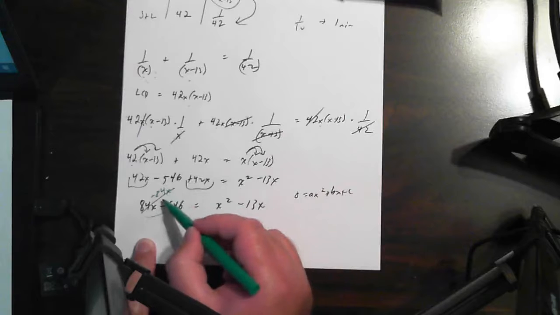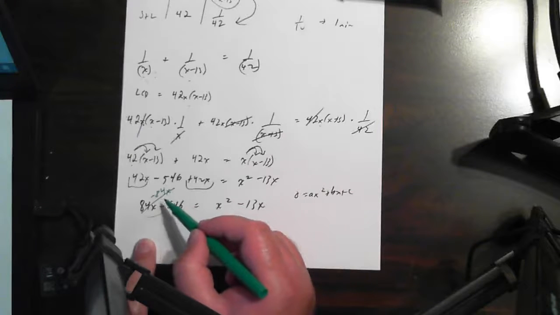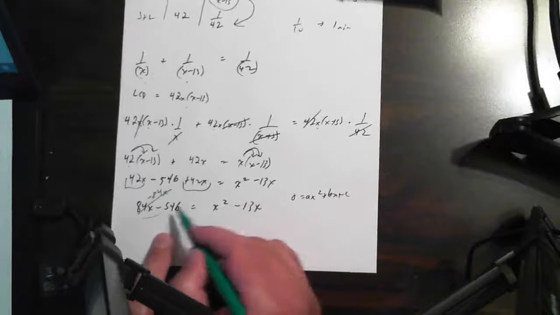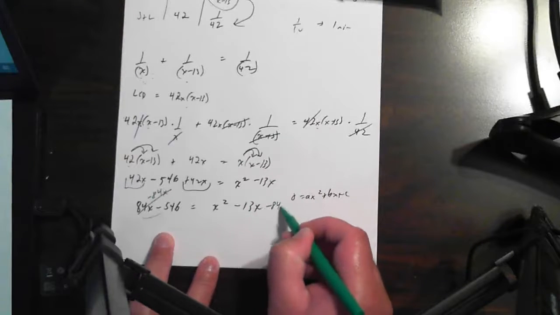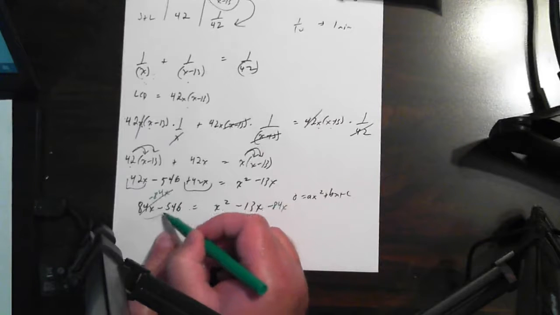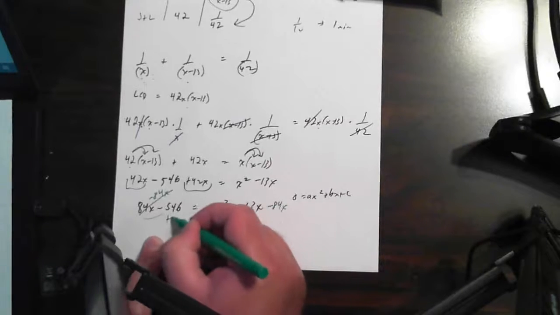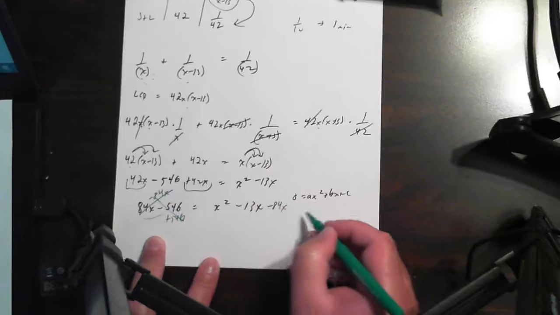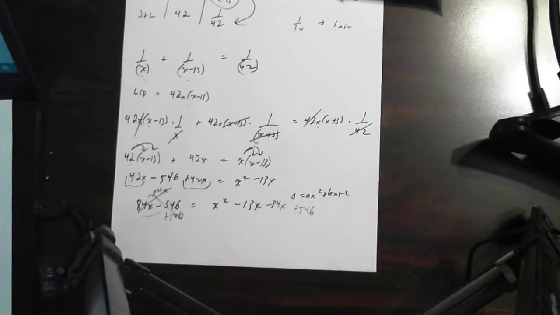But if I subtract 84x from this side, I've thrown the balance off, so to balance it out I need to subtract 84x from the other side. This is a negative 546, so to get rid of it I'd have to add 546. That gives me 0. Of course, to balance that out, I'd have to add 546 to the other side as well.